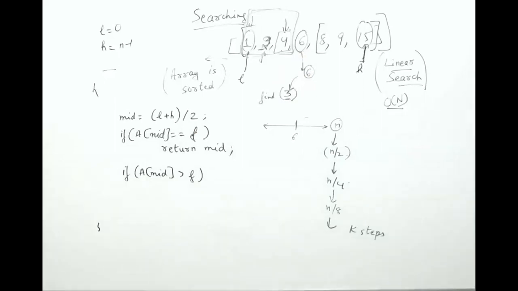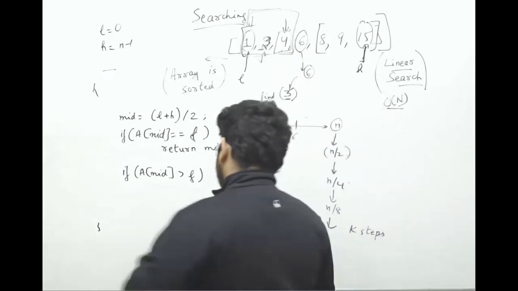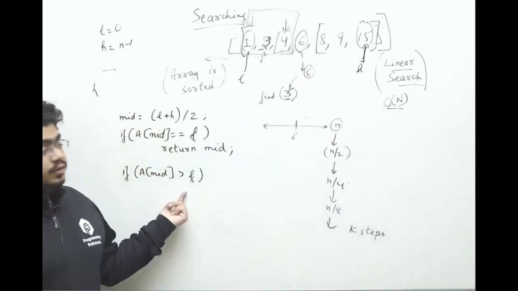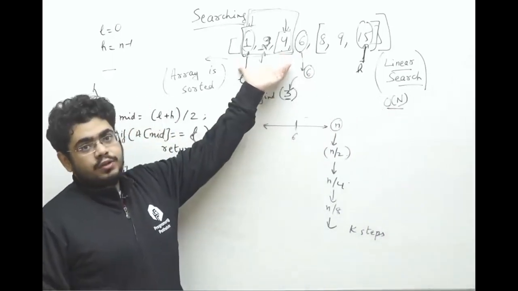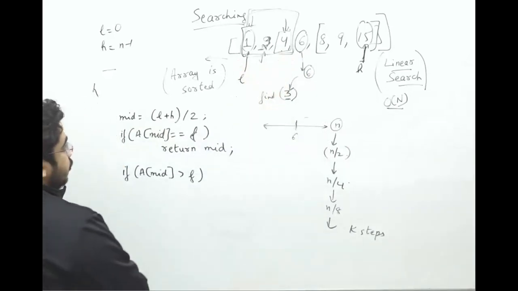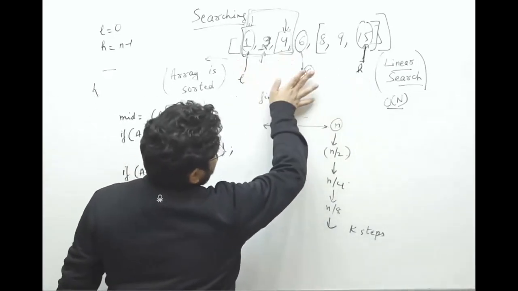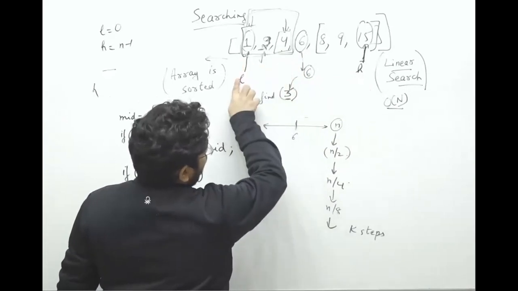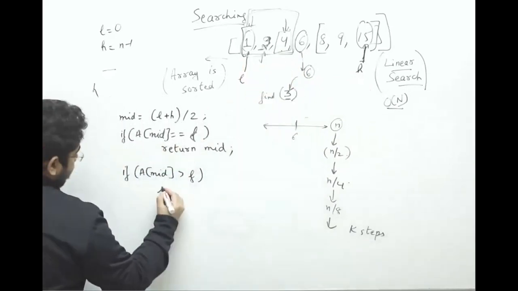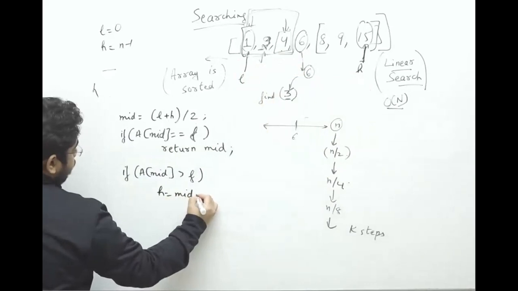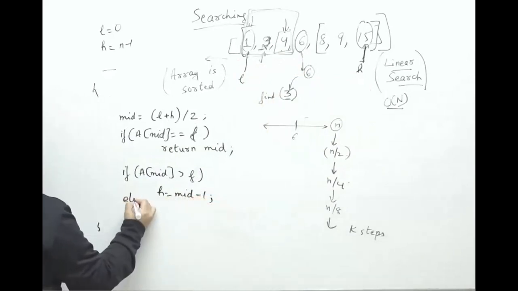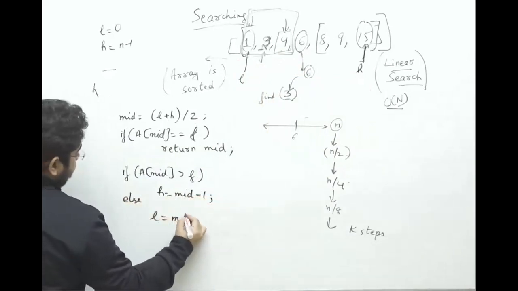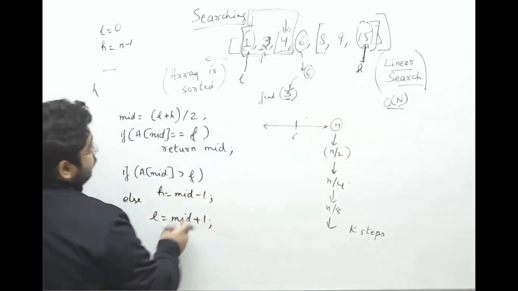People get confused. The element is smaller. That means you will need to search on the left, right? So I'll say H now becomes mid minus 1. This is our L now, this is our H. So H equal to mid minus 1. Otherwise, L equal to mid plus 1. That is, this becomes here.